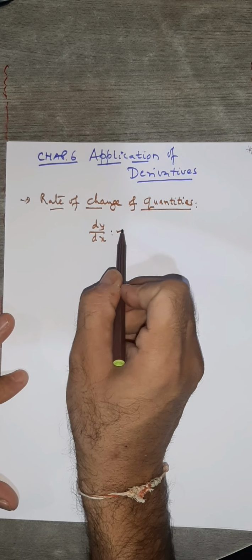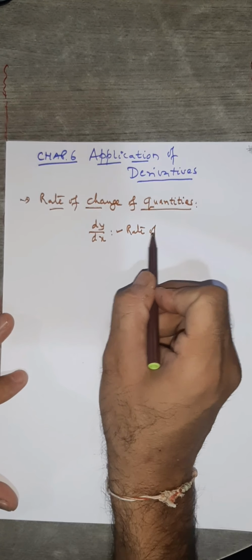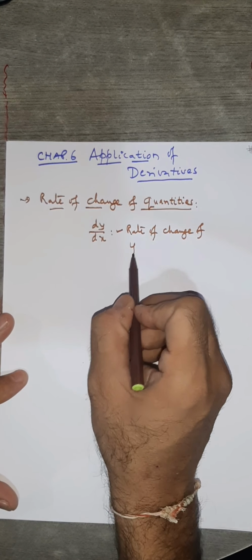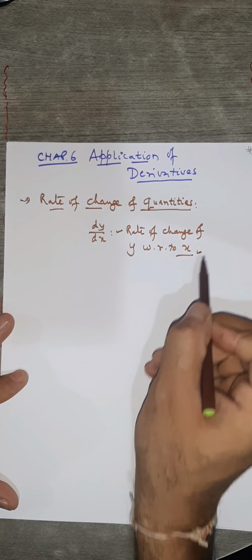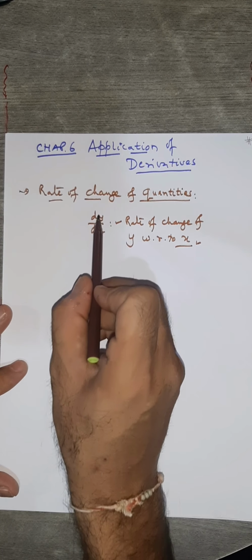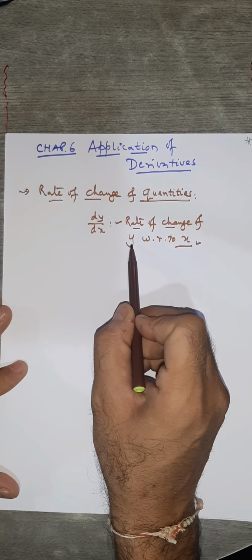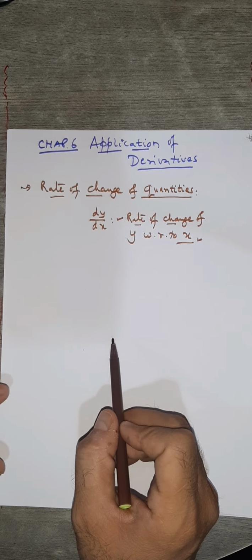You know what it represents. This represents the rate of change of variable y with respect to x. We know this is the precise meaning of derivative. dy by dx represents what? Rate of change of one variable with respect to the other variable. That's the precise meaning of derivative.